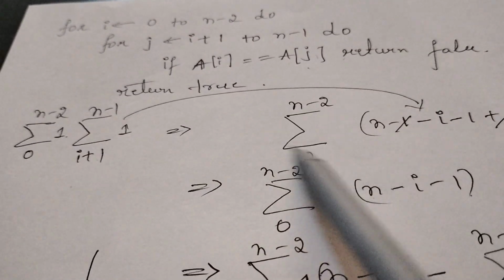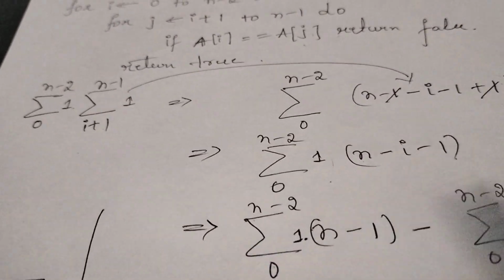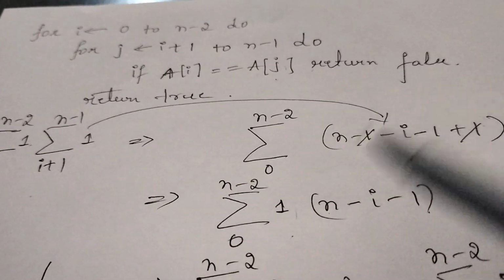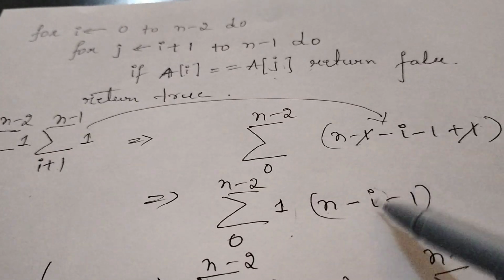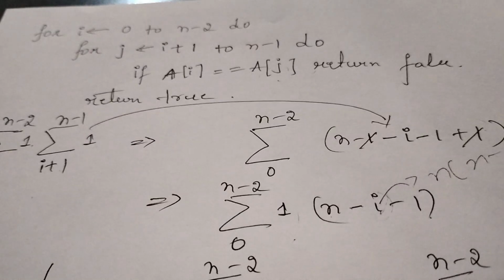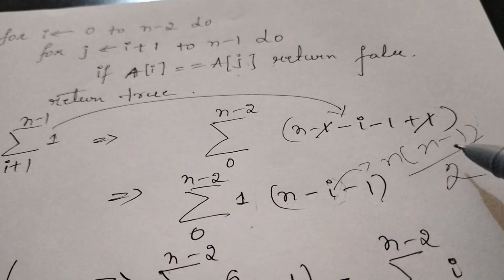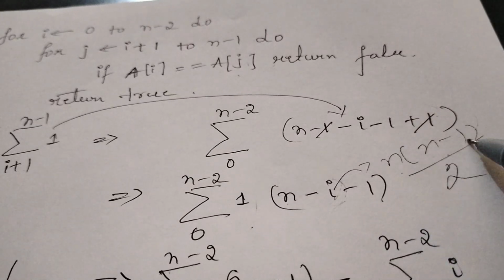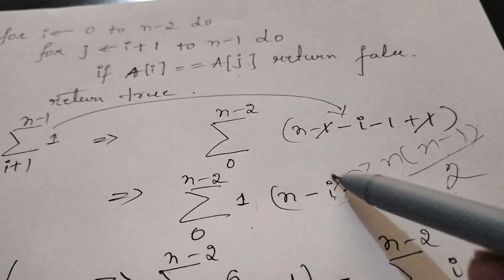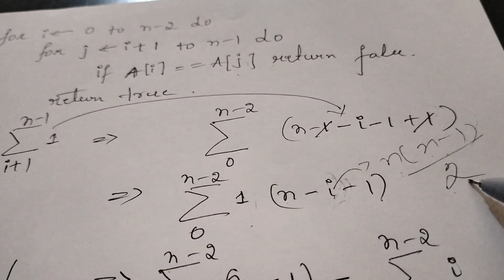And we should solve this again now. So 0 to n minus 2, we can split it up like this. For the sum of i, we have a standard equation, that is n into n minus 1 divided by 2. Wherever you find n, it should be replaced accordingly.